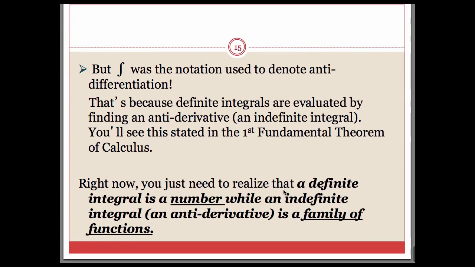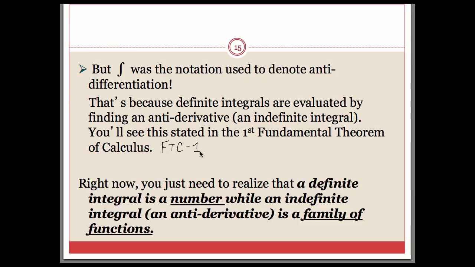So yes, that same symbol was used to denote an antiderivative, and that's because the way in which we are going to soon evaluate a definite integral is by doing an antiderivative, and that's what your next thing you're going to learn is going to be. And you're going to see this stated in something called the first fundamental theorem of calculus. Of course, we like to abbreviate everything in math, so you're often going to see that as FTC1 because we don't like to write too much.